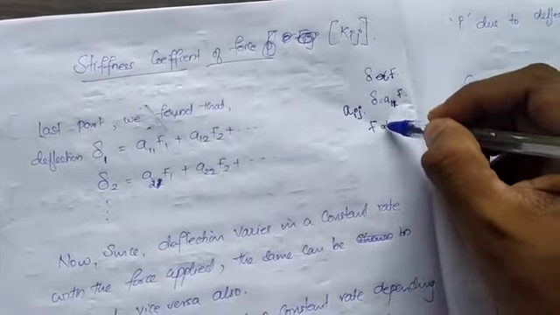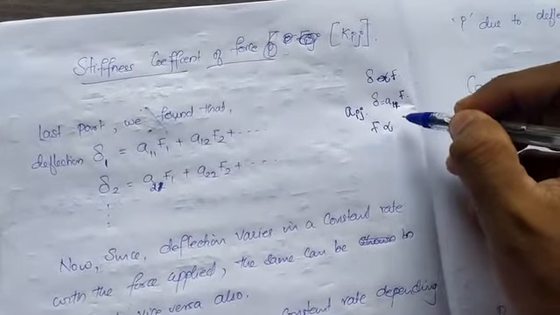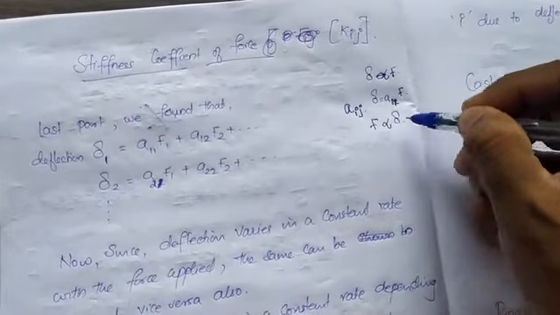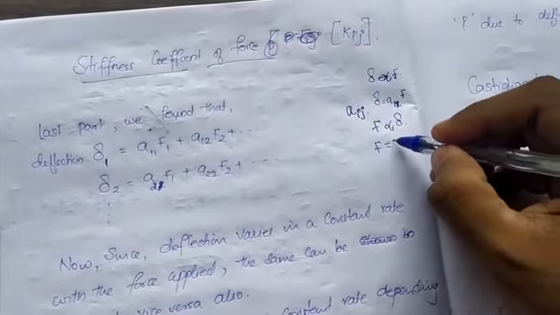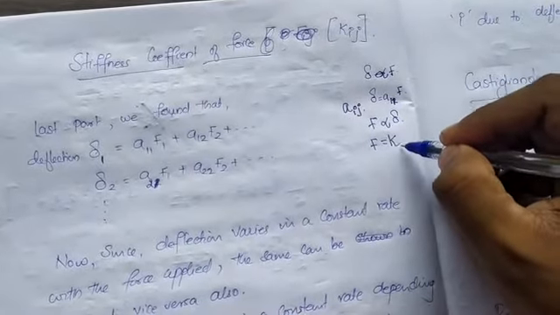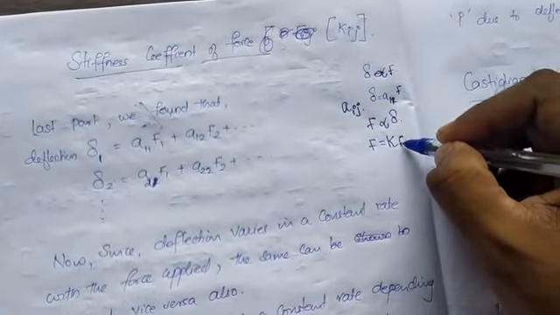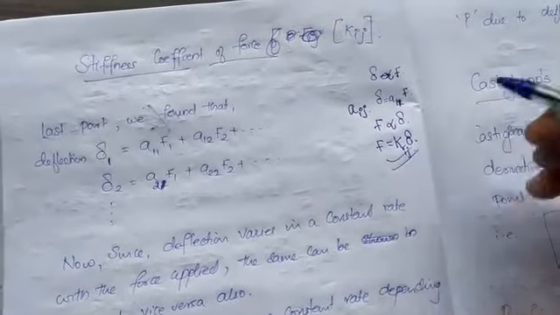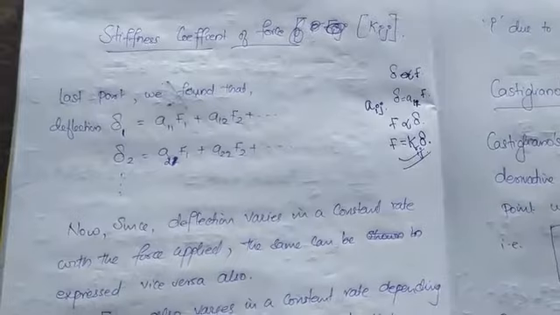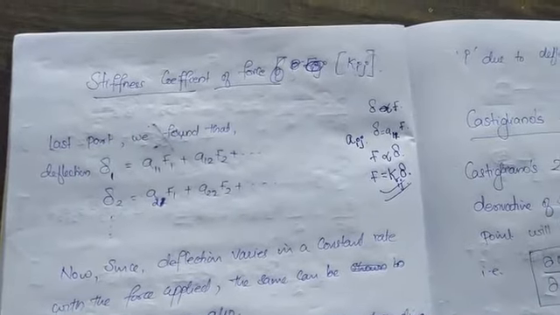Force is directly proportional to elongation, and their constant is called the stiffness coefficient, Kij into delta. This is just the reverse of what we have explained before.